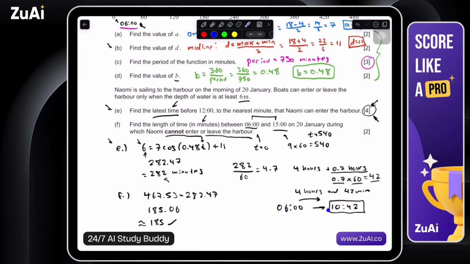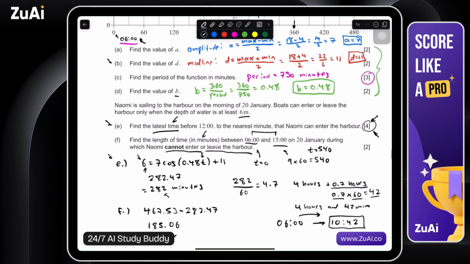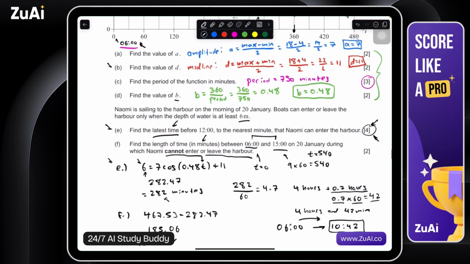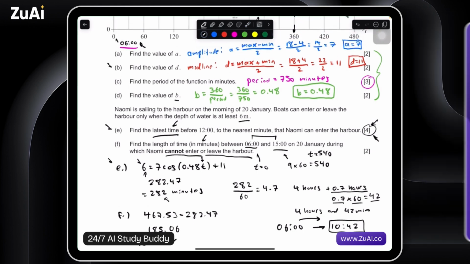So 6 plus 4 is 10, and then 42 minutes after. So 10:42. All right. Pretty good question overall. Apologies for the, not exactly the misread, but the oversight, I suppose.